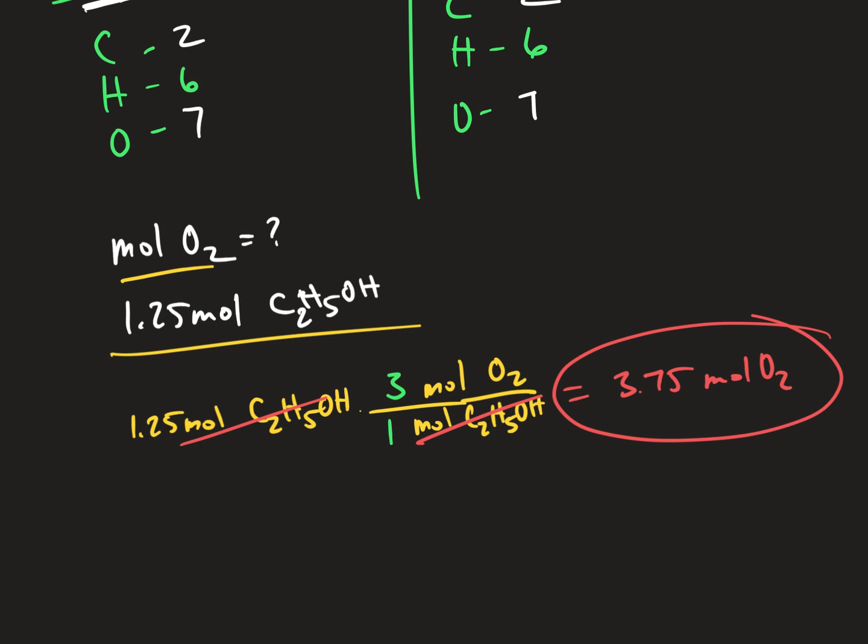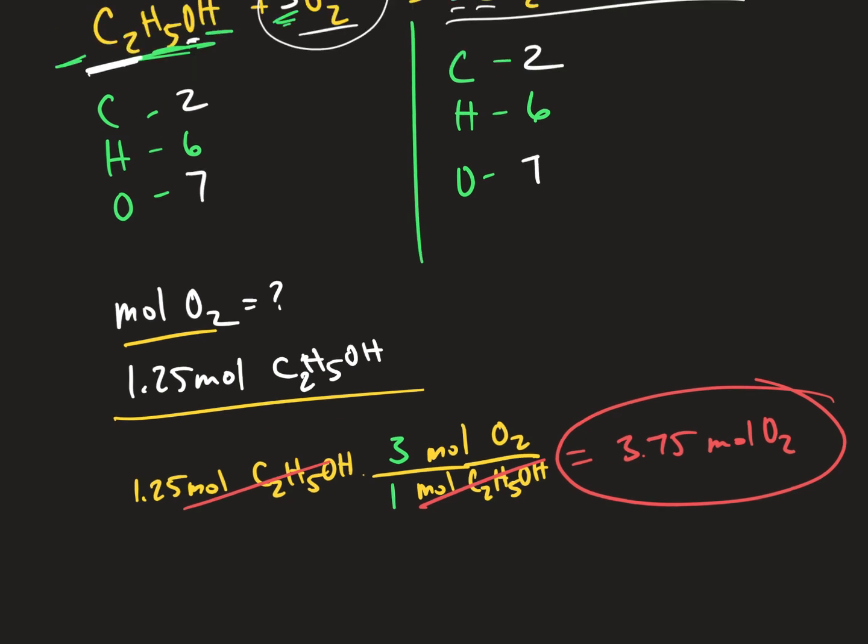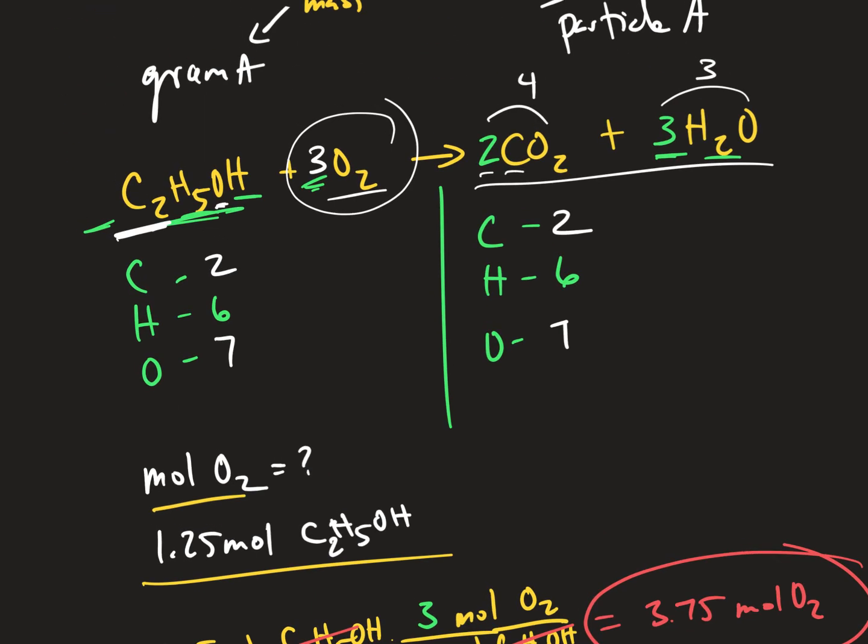Yeah, Sandy. How did you figure out there was 3 moles of O2? Good question. Thanks for asking. Right here. The coefficient of our balanced equation. And it was 1 here because there's not a number there, and that means 1, right? You with me? Okay.